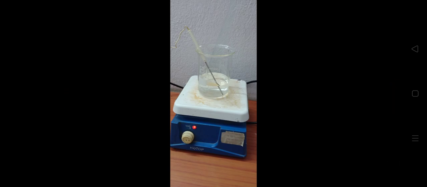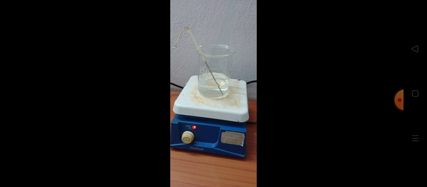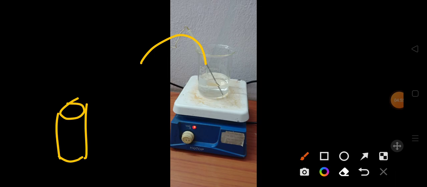Now after that, with time, when we take the sample again, remember we have to take a sample after every 5 minutes. With time, when we take samples, we see that the OD is constantly increasing. Why is this so?